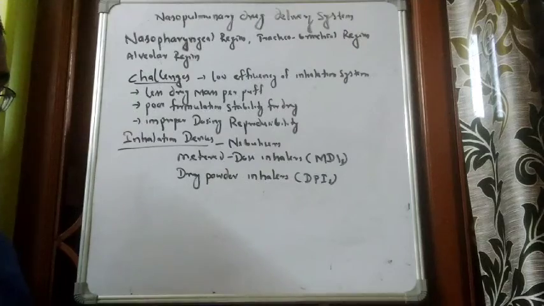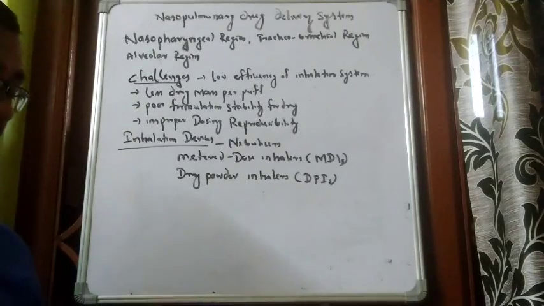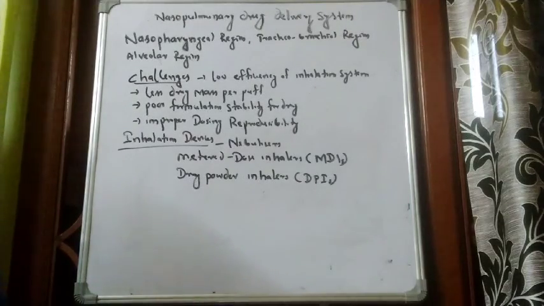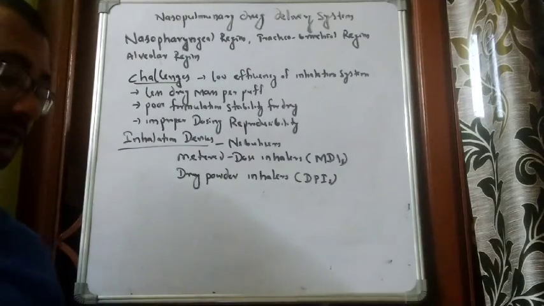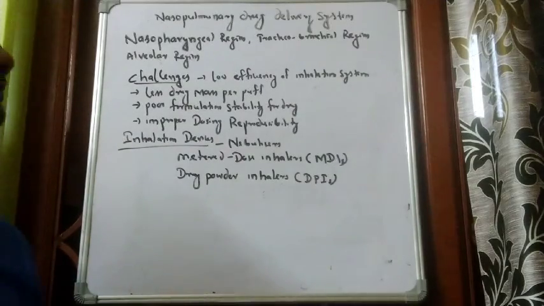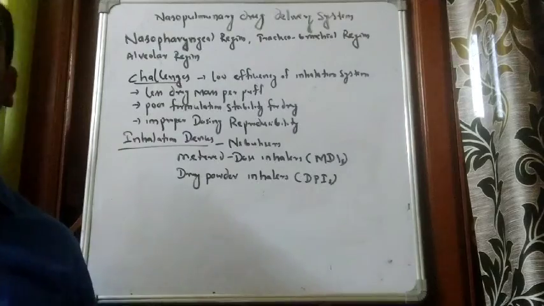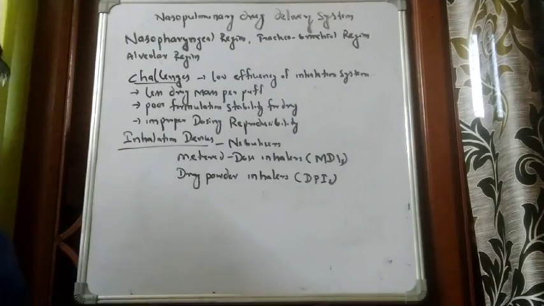Although there are different types of challenges in making this type of pulmonary drug delivery system, because we have to take the drug delivery system through the nasal passage, we have to keep different parameters in mind.